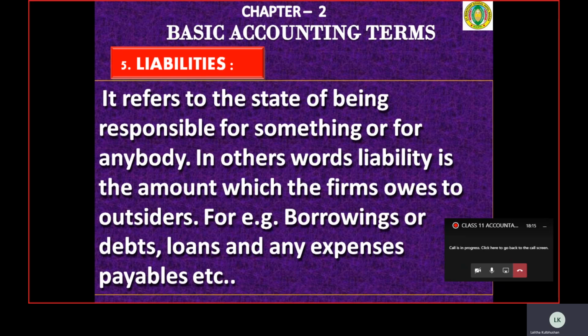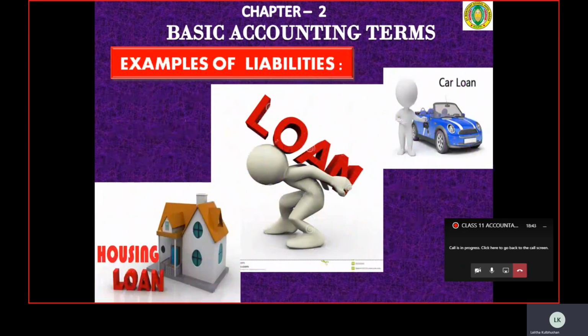Borrowings and debts are also a type of loan; debt is a synonym we can use for loan. Any expenses payable, meaning expenses which are due but we haven't paid till now, can be called liabilities. Like assets, liabilities can also be classified into many categories.